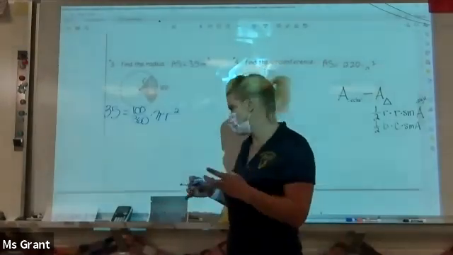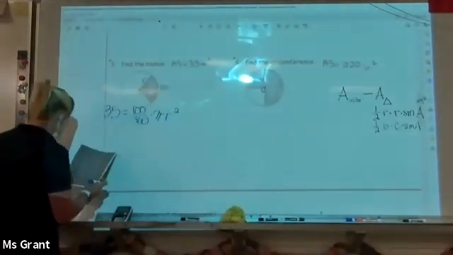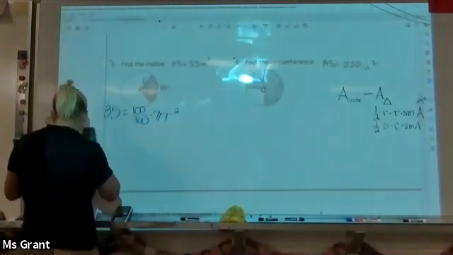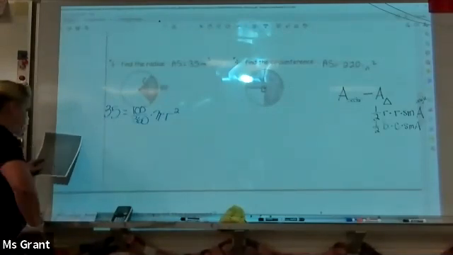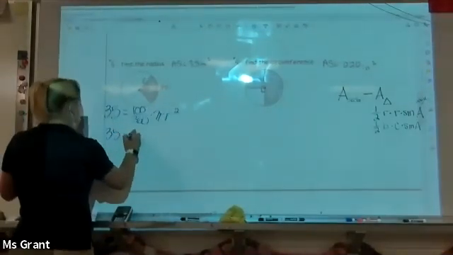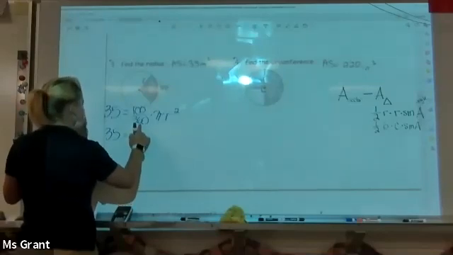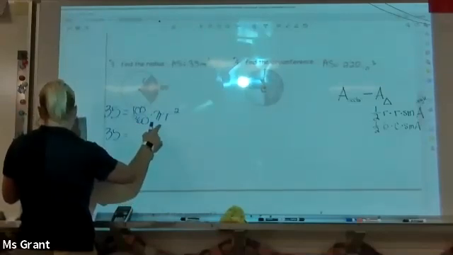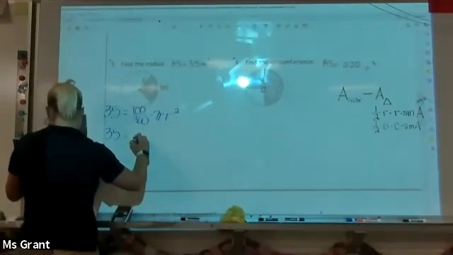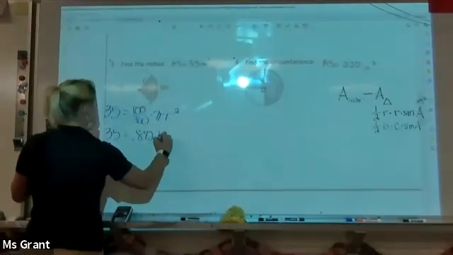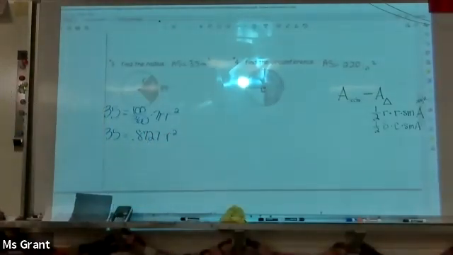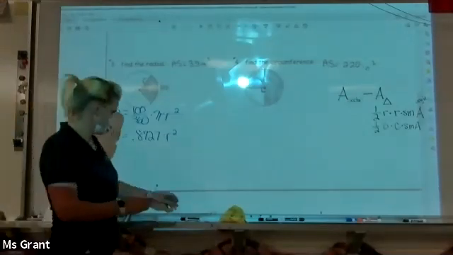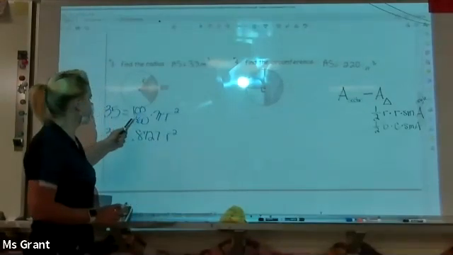Let's isolate R squared. Basically, 100 divided by 360 times pi is 0.8727. Yes? Agreed.